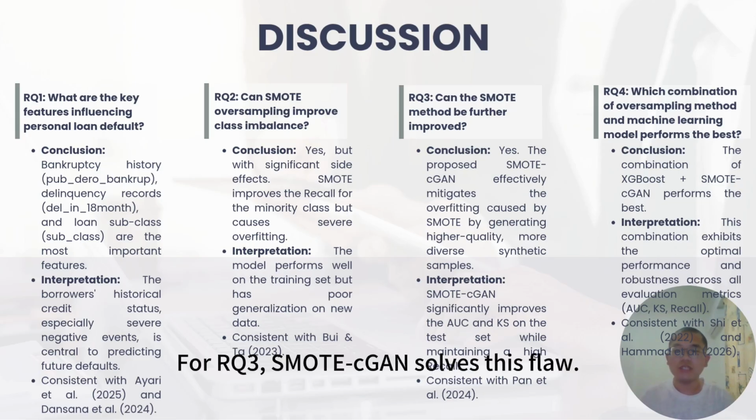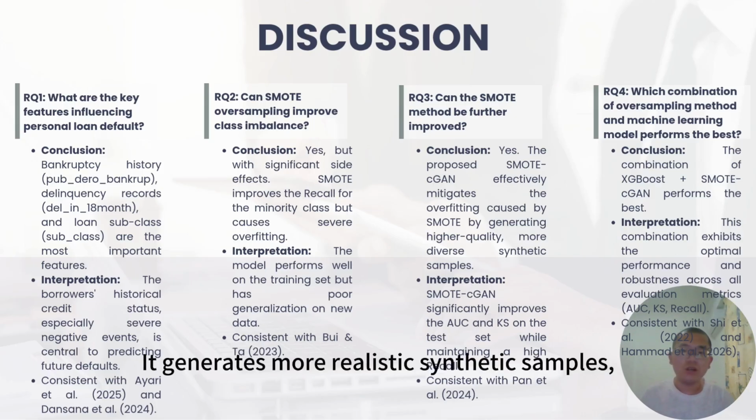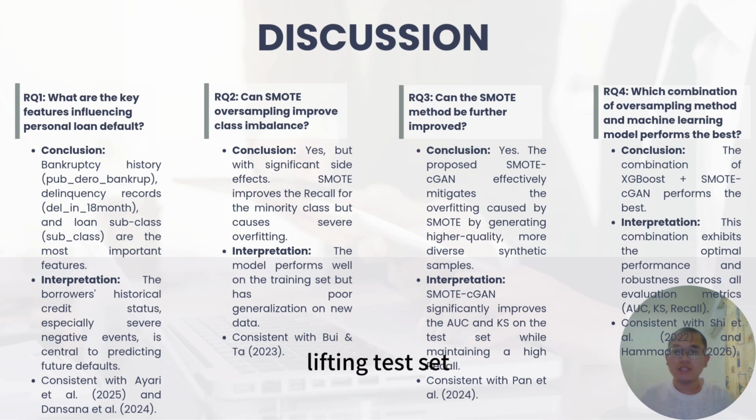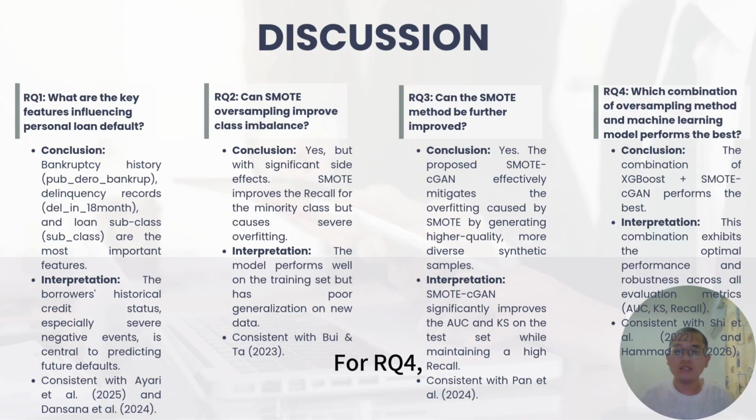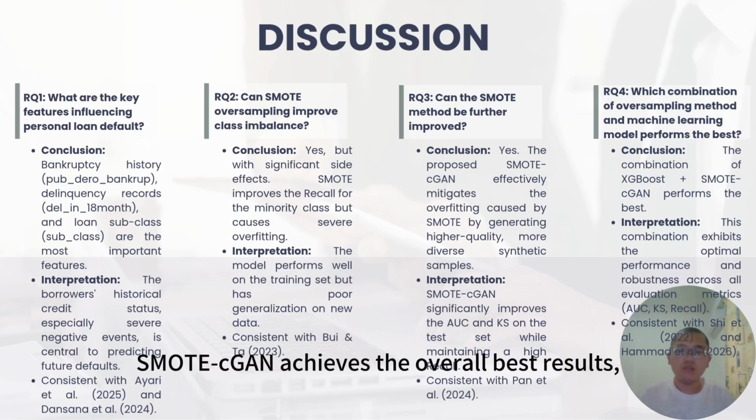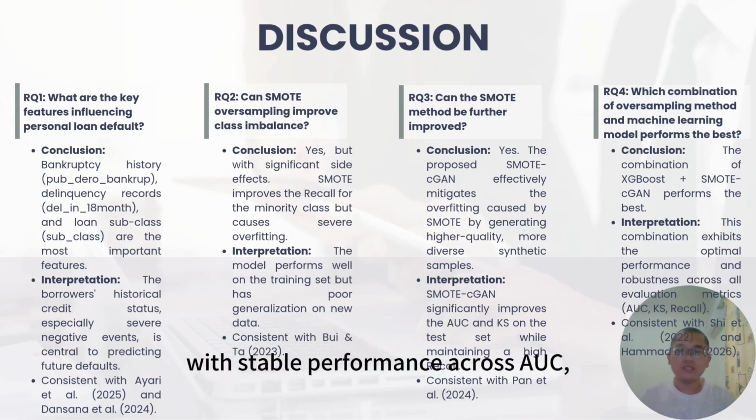For question 3, SMOTE-CGAN solves this flaw. It generates more realistic synthetic samples, lifting test set AUC and KS without sacrificing precision. For question 4, XGBoost paired with SMOTE-CGAN achieves the overall best results, with stable performance across AUC, KS, and precision.